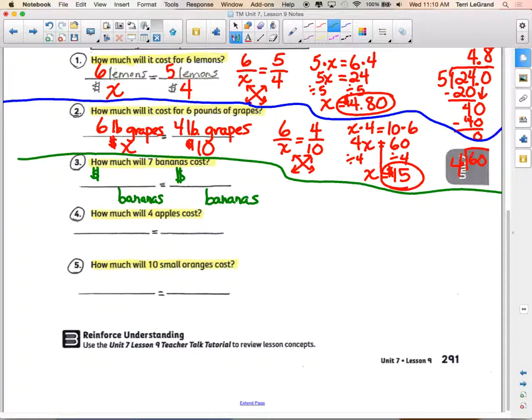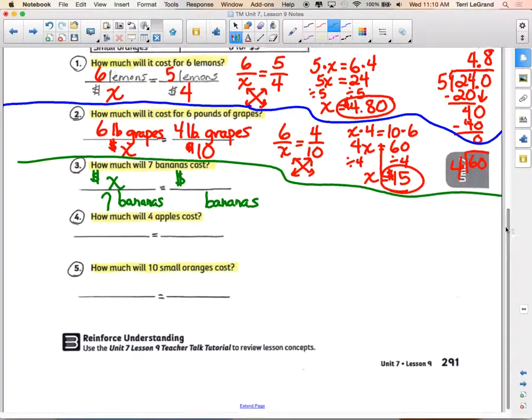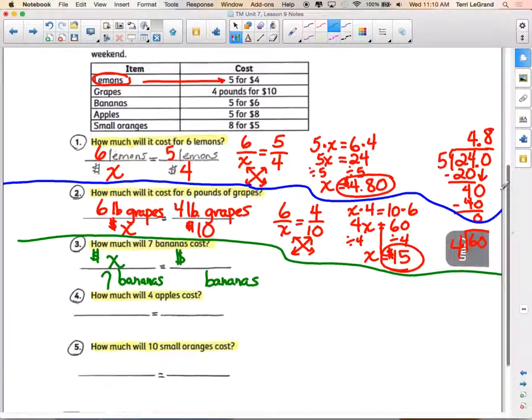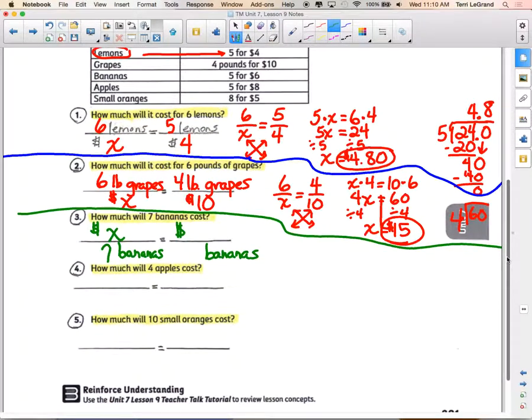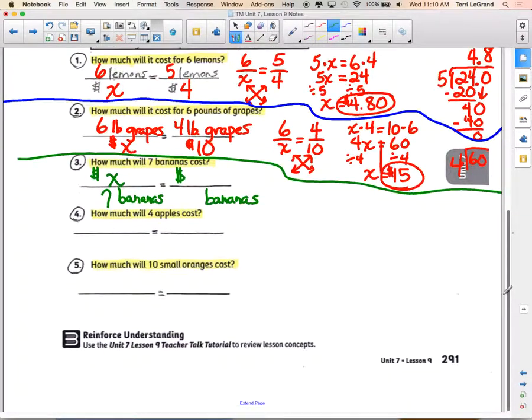How much will it cost? Well, that means I have X here for 7 bananas. What should my other ratio be? Tyler? 5 bananas for $6.